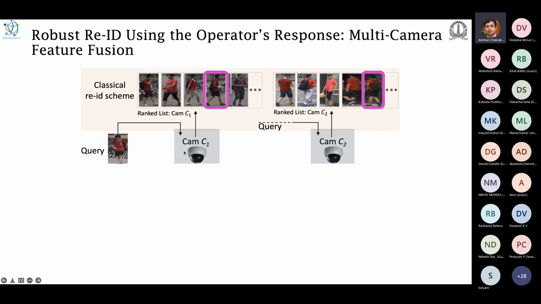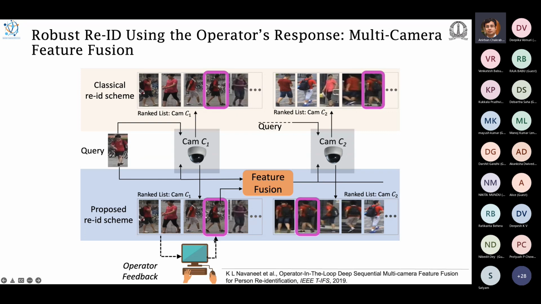So the point is, when we query a camera, you get the retrieval results, and let's say there is a human operator who says, okay, fine, this is basically the right retrieval, and clicks on that. And then what happens is that this query image takes into account these other retrievals from other cameras and learns a better holistic representation as you are combining observations with complementary information, right?